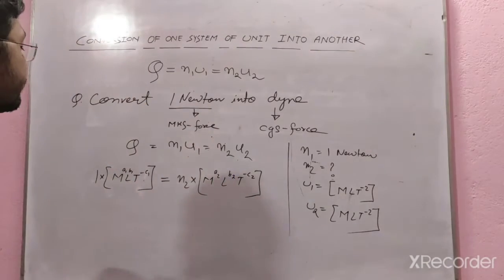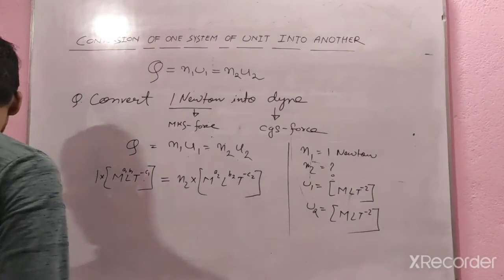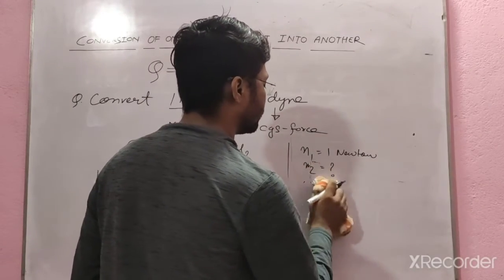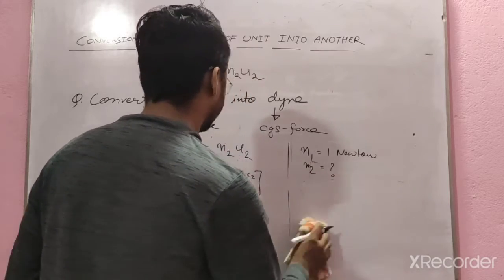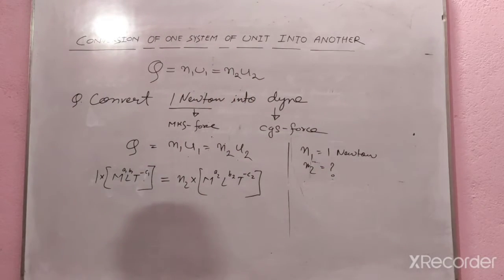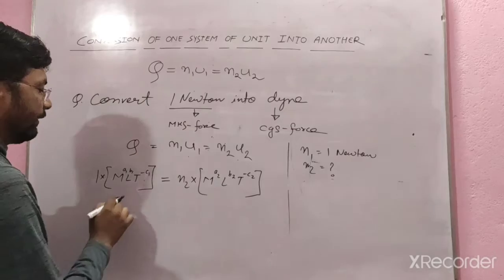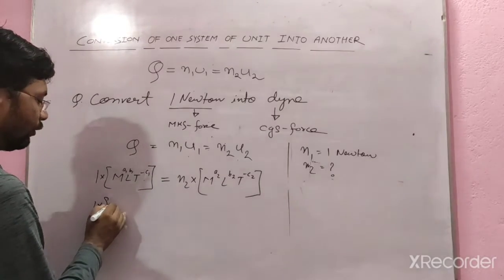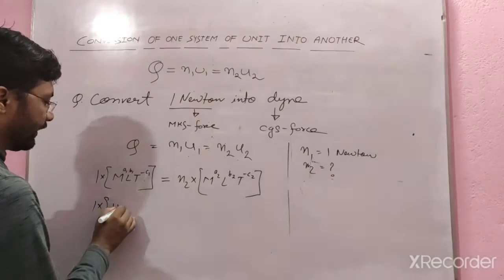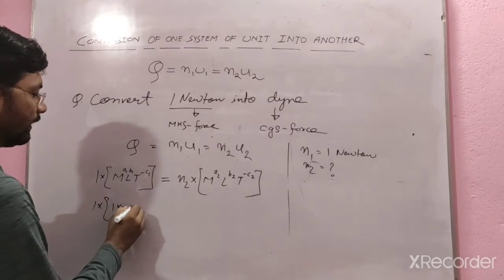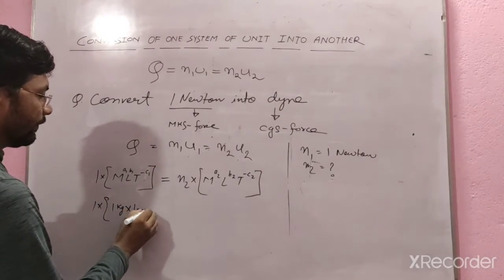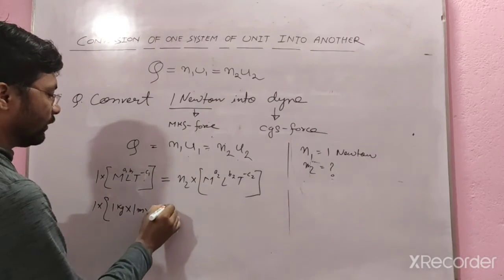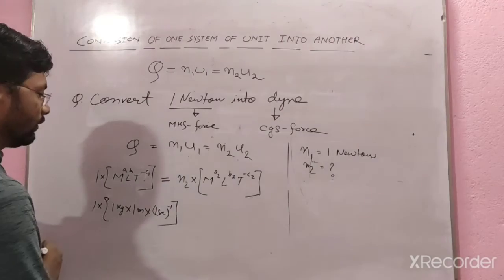In the meter, kilogram and second system of measurement, mass is taken as 1 kilogram, length 1 meter and time 1 second to the power minus 2.